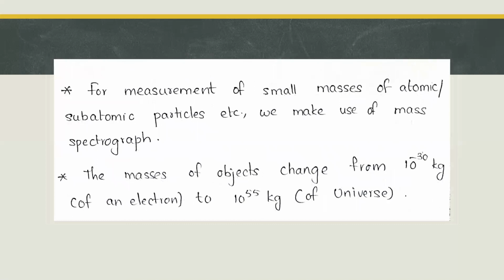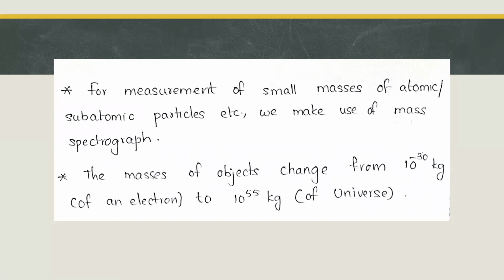Now, for measurement of small masses of atomic and subatomic particles, we make use of mass spectrograph. The masses of objects change from 10 to the power of minus 30 kg to 10 to the power of 55 kg. Small masses are like atoms, electrons, protons.